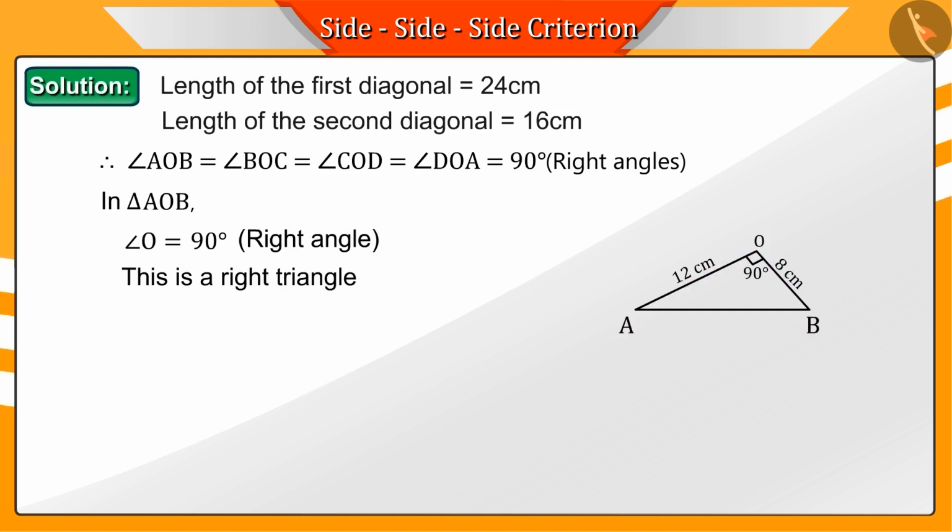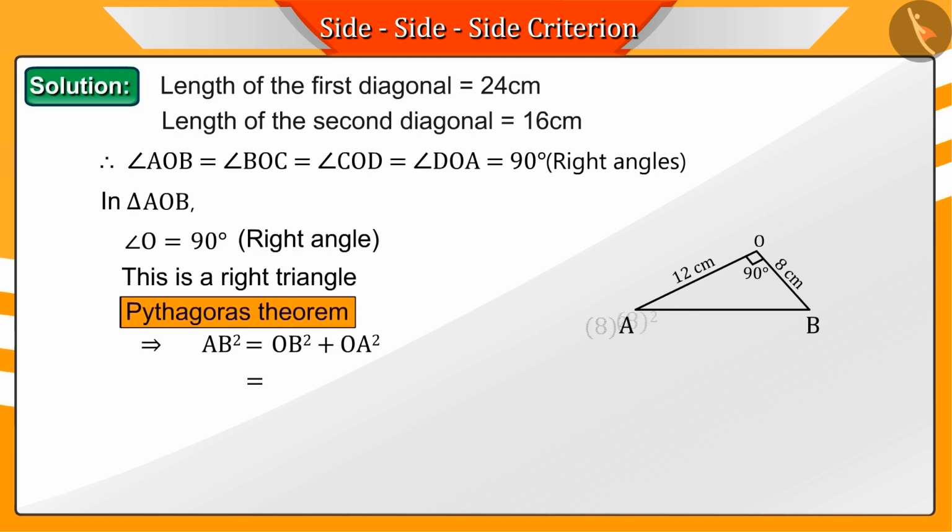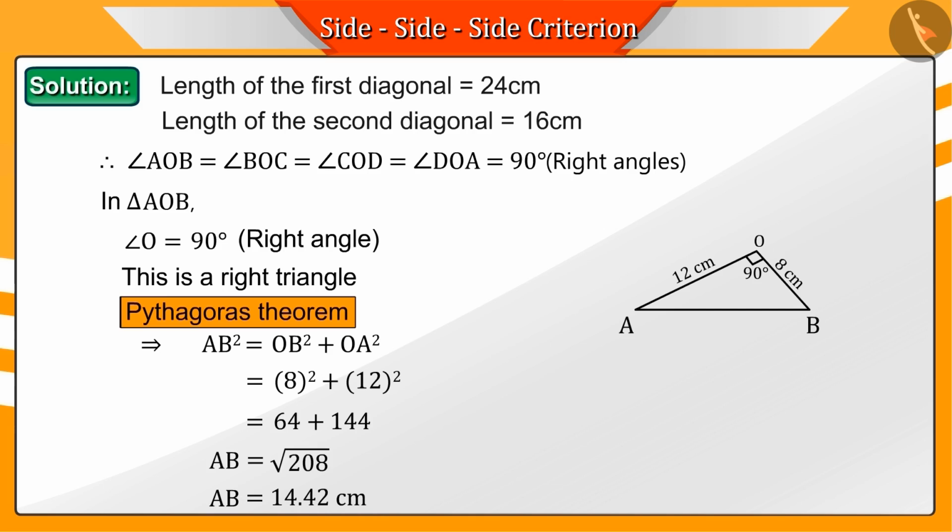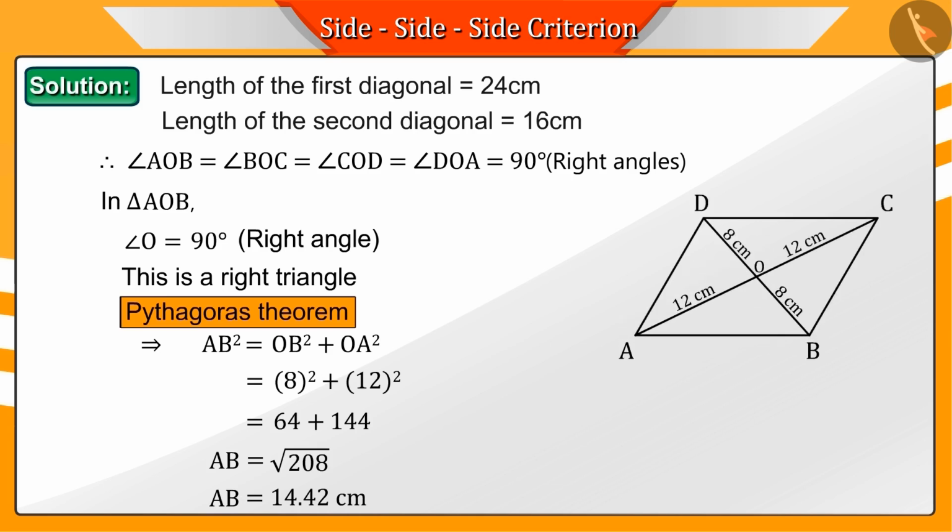Therefore, using the Pythagorean theorem in this triangle, the length of the side AB is found to be 14.42 cm. Hence, for the rhombus, the lengths of the sides AB, BC, CD and DA would be 14.42 cm.